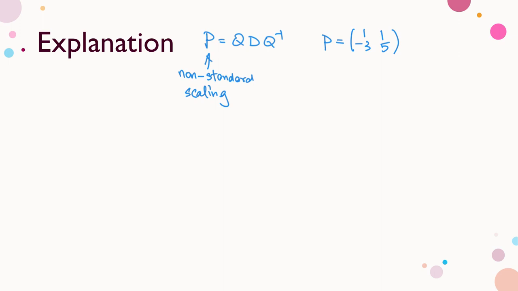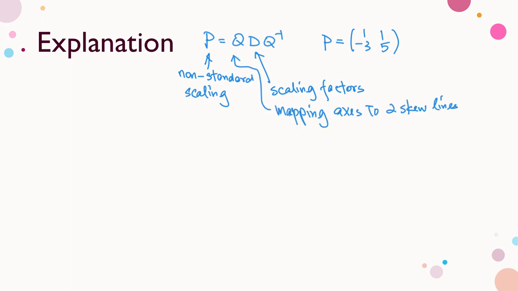With the geometric interpretation of the decomposition of P into QDQ inverse, we can explain why the algebraic solution works. Let me use the matrix P in the previous example for the explanation. P represents a non-standard scaling, which is decomposed in the form of QDQ inverse, where the diagonal matrix D is given by the two scaling factors, and the matrix Q is given by the transformations mapping the axes to the two skewed lines.